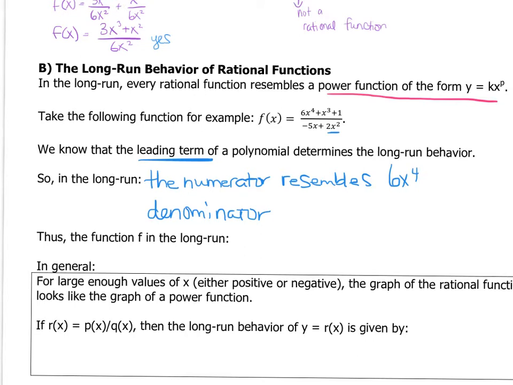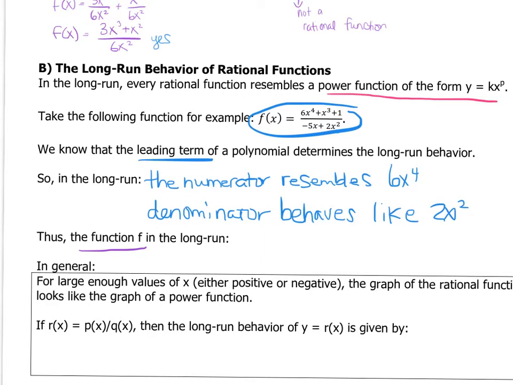So the denominator resembles or behaves like 2x squared. So then what we're going to do is take, because we're really looking at a rational function and the ratio of those, we are going to say that the function f in the long run kind of looks like 6x to the fourth over 2x squared, which if we simplify that, that's 3x squared.